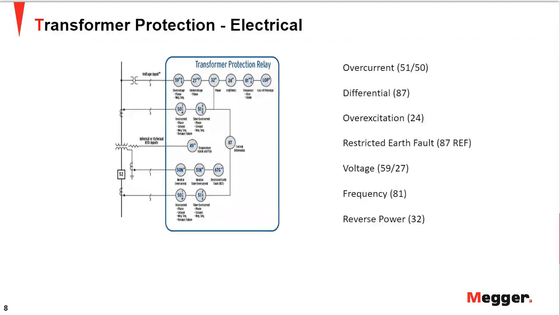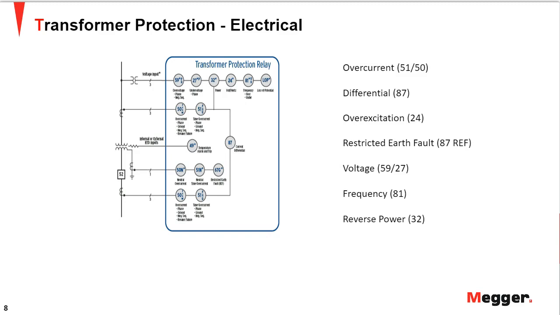So here I have a transformer protection relay shown, which has multiple functions inside that relay, which means that relay has different protection functions that can be used to protect the transformer, right? The numbers you see are the ANSI nomenclature for different protection functions. I've listed 3 of them on the right side, but they're not limited to these.